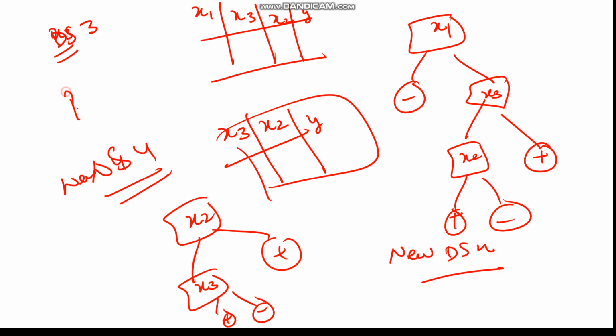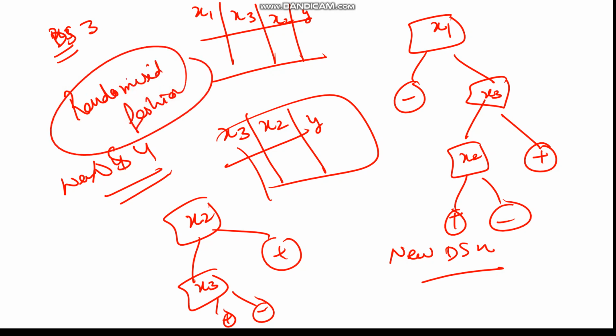The important thing that we need to remember is randomized fashion. What does it mean by randomized fashion? We are plotting the decision tree in the randomized fashion, as we can see in this example. And for creating this decision tree we will use this bootstrap data set. Bootstrap data set is also known as random sampling.